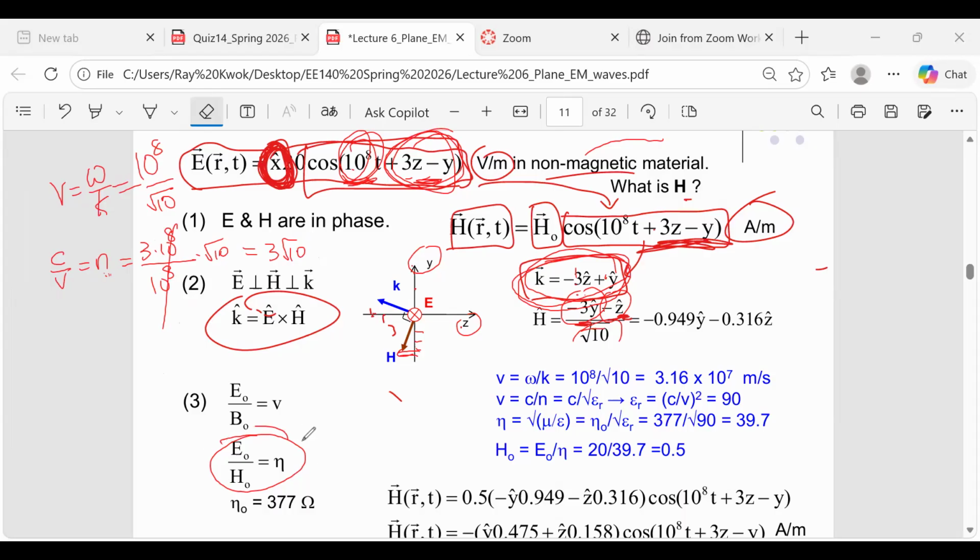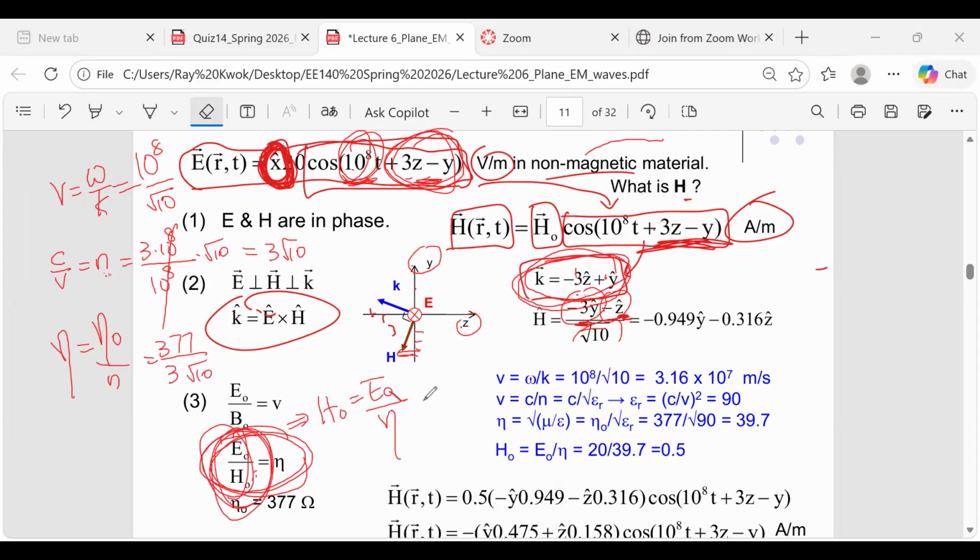So now I can find eta. How do I find eta? Eta is equal to eta naught divided by n. Eta naught is 377 divided by 3 square root 10. But eta is E naught over H naught, so what is H naught? H naught is E naught over eta.